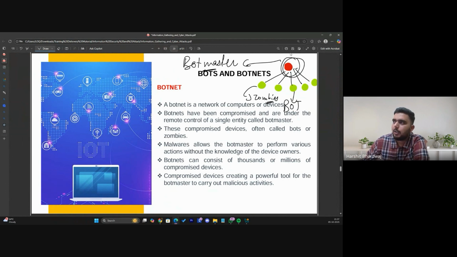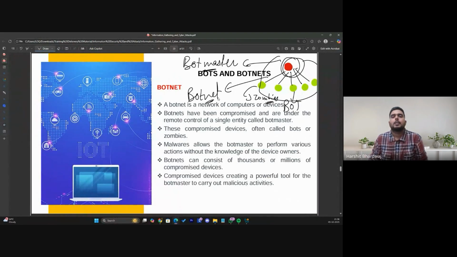And this whole thing that you see over here is called your botnet. So a botnet is nothing but a network of a lot of compromised machines that are controlled by a single entity called a botmaster.